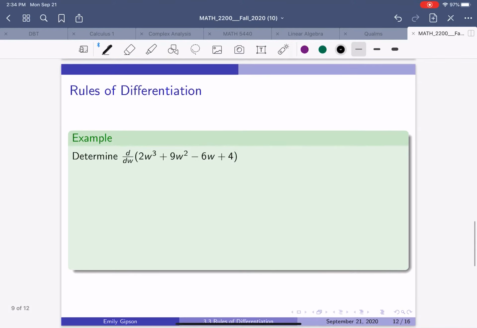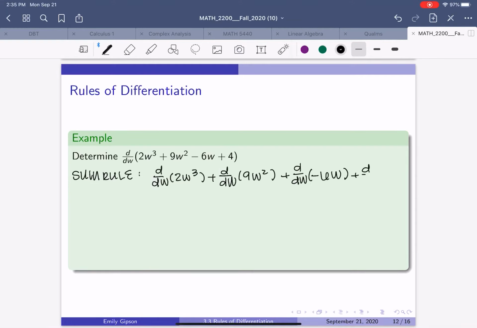So let's go ahead and do an example. I want you to determine d dw of 2w cubed plus 9w squared minus 6w plus 4. Our first step is to use the summation rule. And we get d dw of 2w cubed plus d dw of 9w squared plus d dw of negative 6w plus d dw of 4.